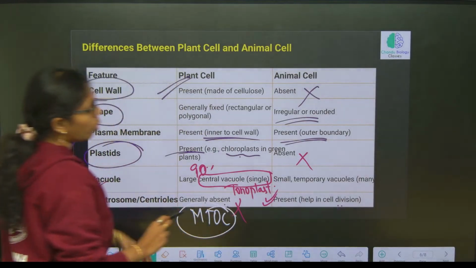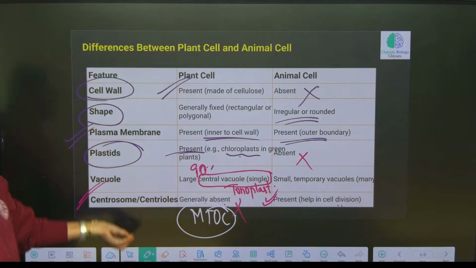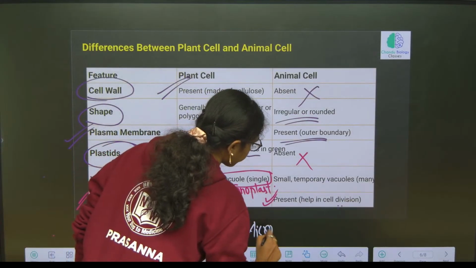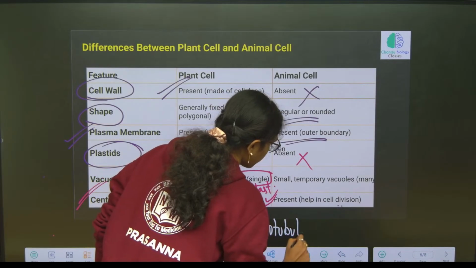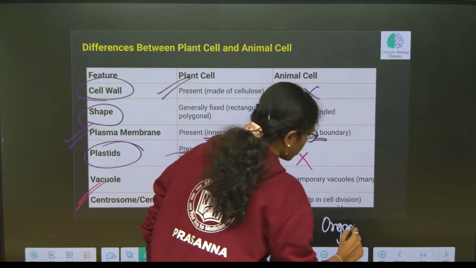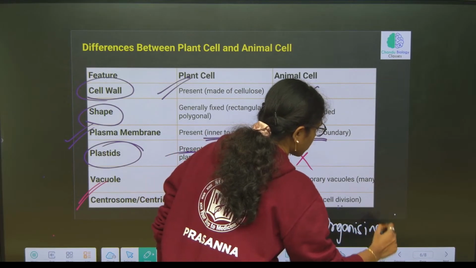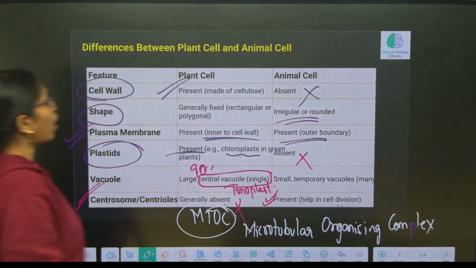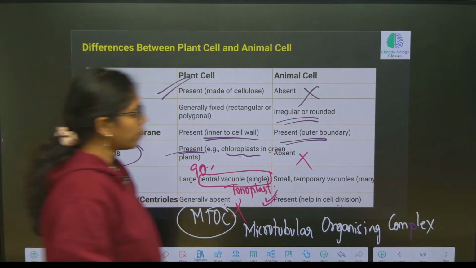Though in the absence of centrioles, plant cells will conduct cell division with the help of the microtubular organizing complex. Clear till here, right? Next.